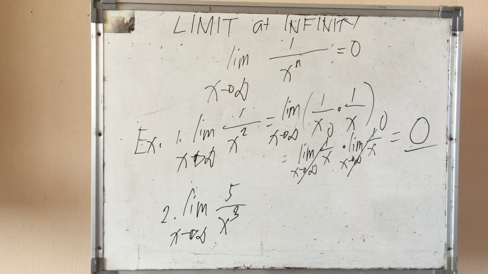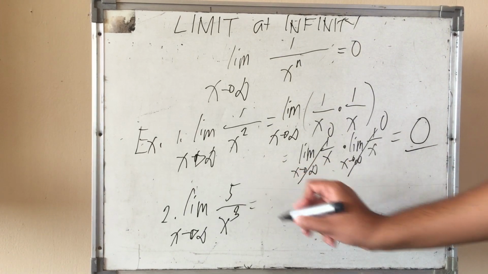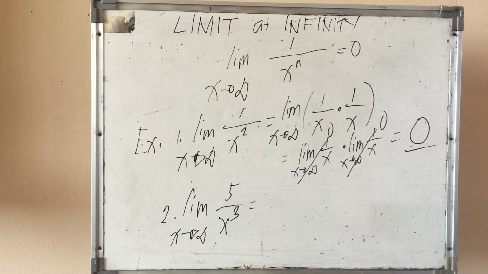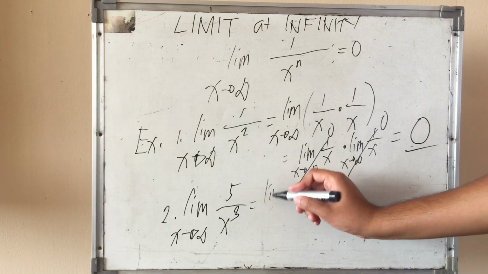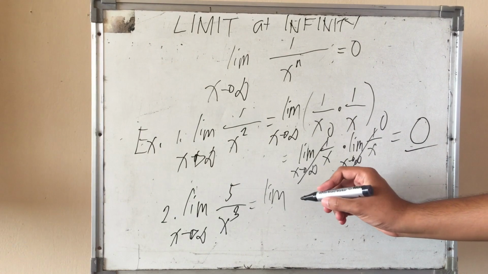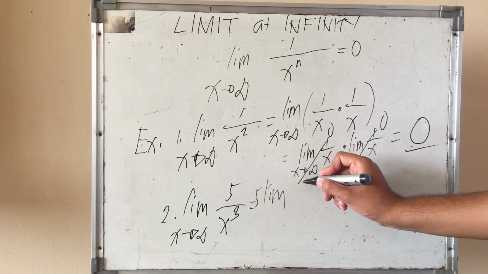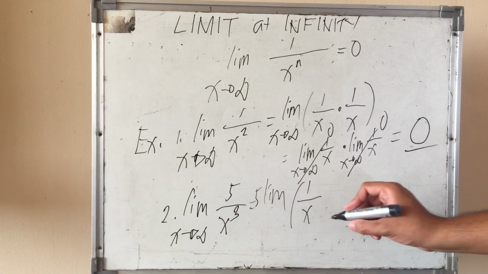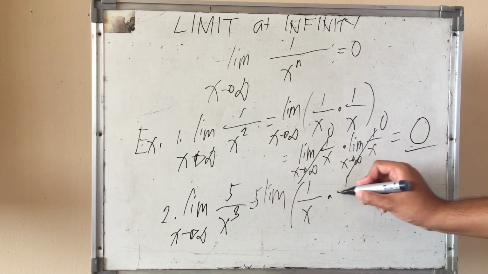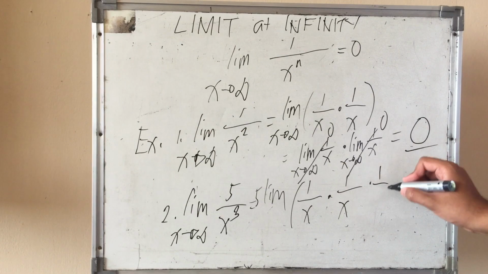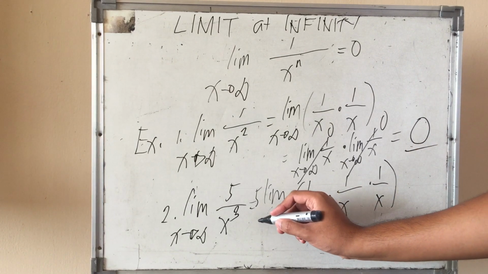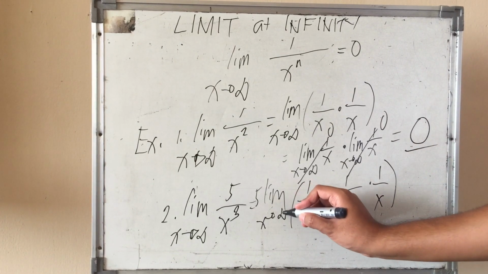Next, number 2, limit of 5 over x cubed as x approaches infinity. Again, let's separate: limit of 5 times 1 over x times 1 over x times 1 over x as x approaches infinity.